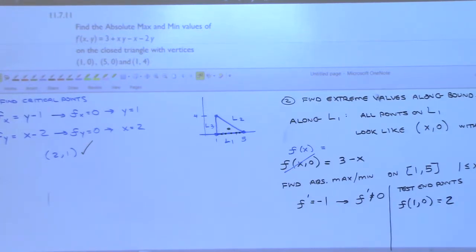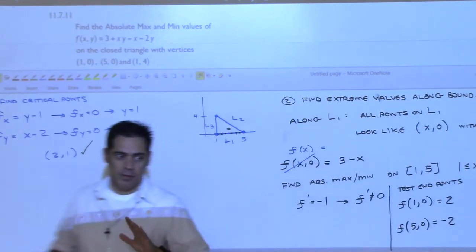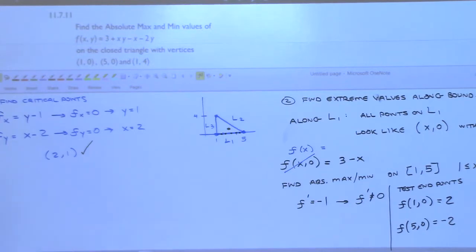All right? And then plug in the other endpoint. That's going to look like 5, 0. And when you plug 5, 0 in there, you should get -2. All right. So what have we concluded here?